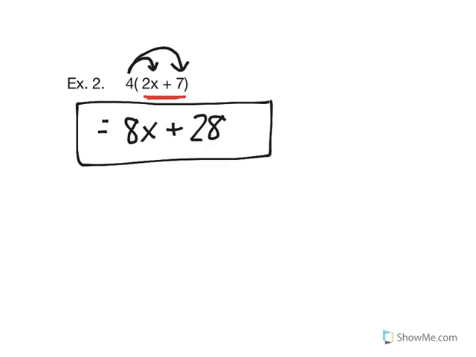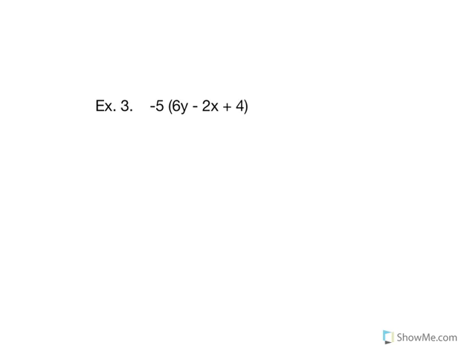Let's look at another example. Here I notice in my parentheses I have three terms, a y, an x, and a constant that can't be added together. This -5 is touching the parentheses, so it's the -5 that's going to get distributed.